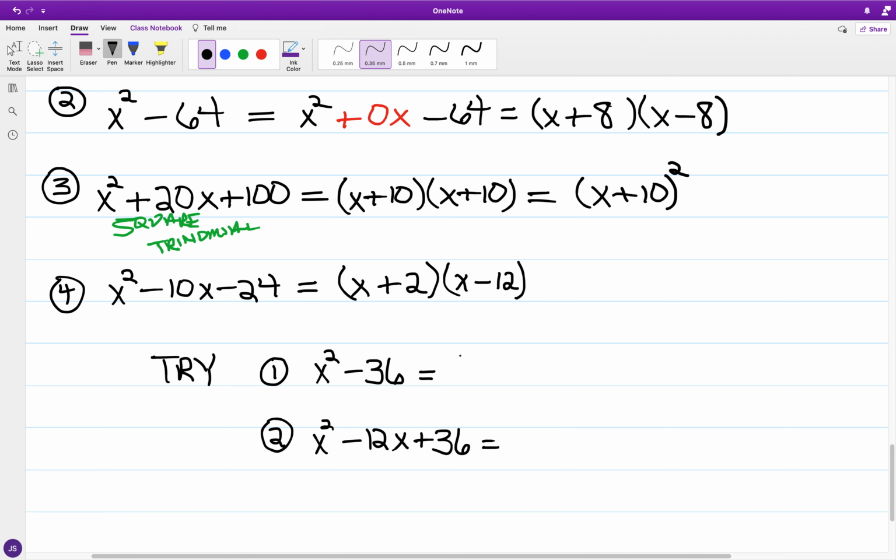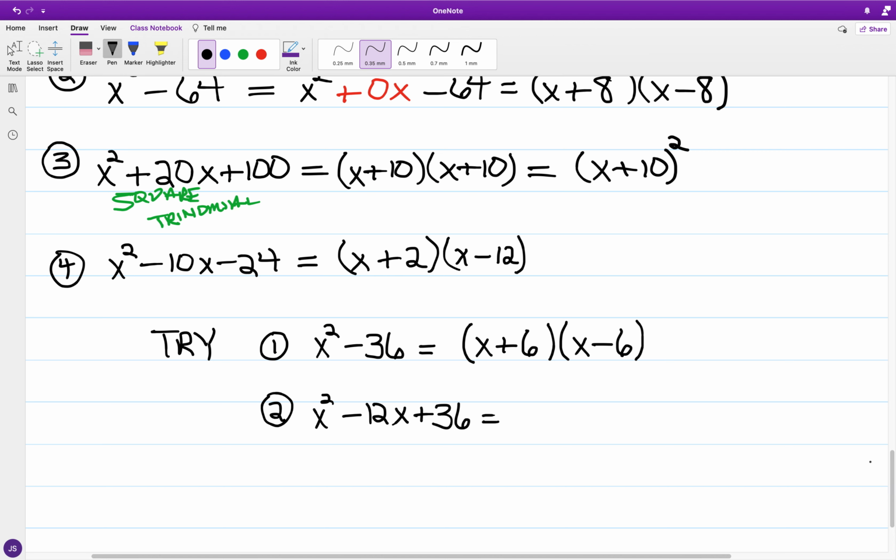So for x squared minus 36, we have a difference of squares. So x squared will factor out to x and x. And for factors of negative 36, you're adding and subtracting the same amounts, and that times itself will give you 36. That will be the number 6. So we have x plus 6 and x minus 6.